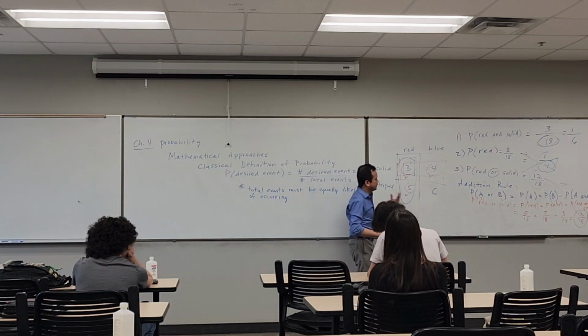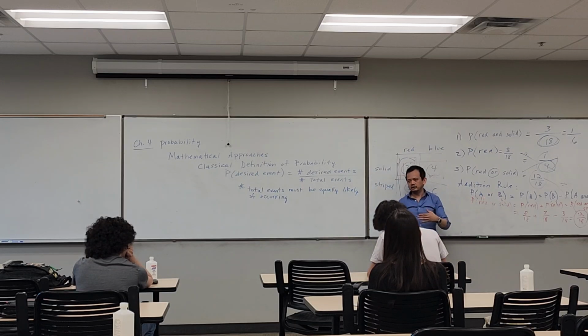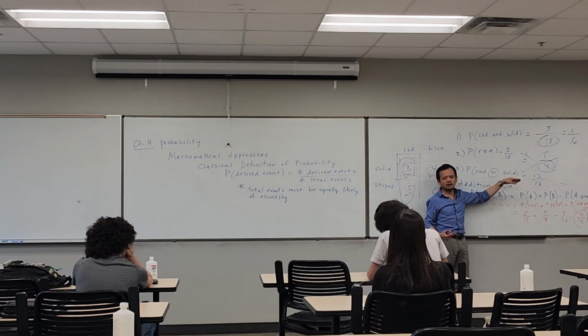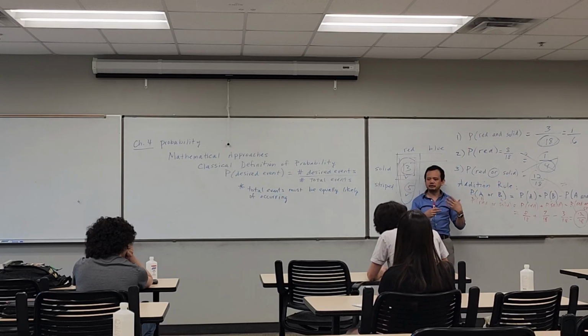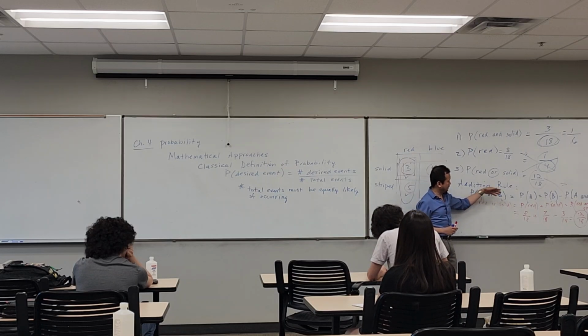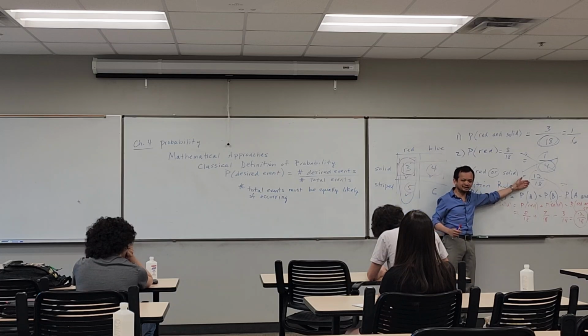So now that we talked about the addition rule and why it works, you might be thinking, okay, that's great that this addition rule works and we're getting the same answer we got before when we were just basically counting up all the raw events. But this addition rule looks a lot more complicated than just counting.